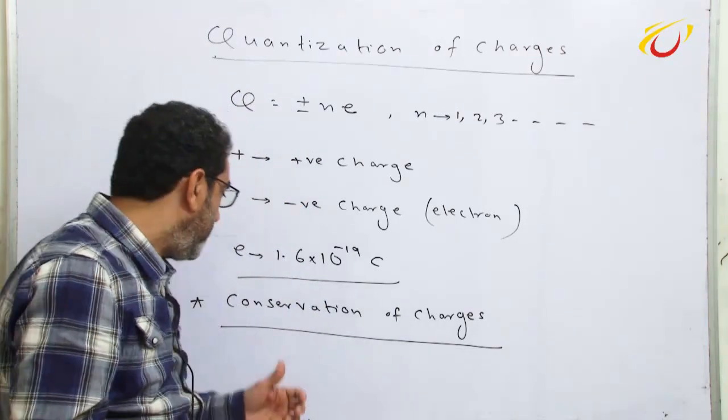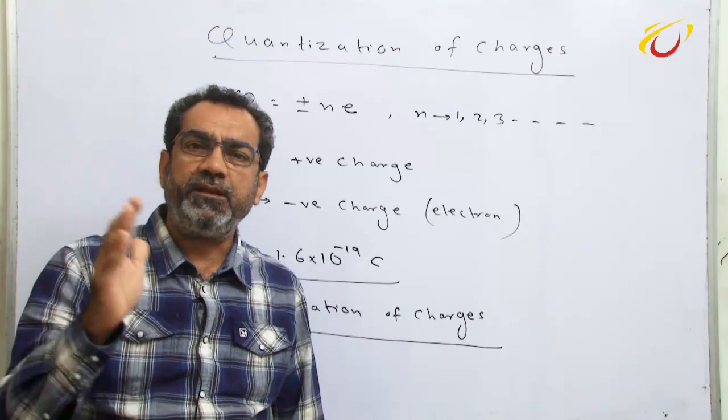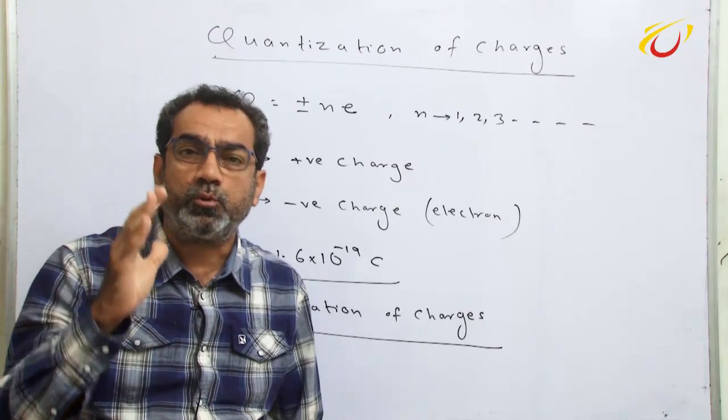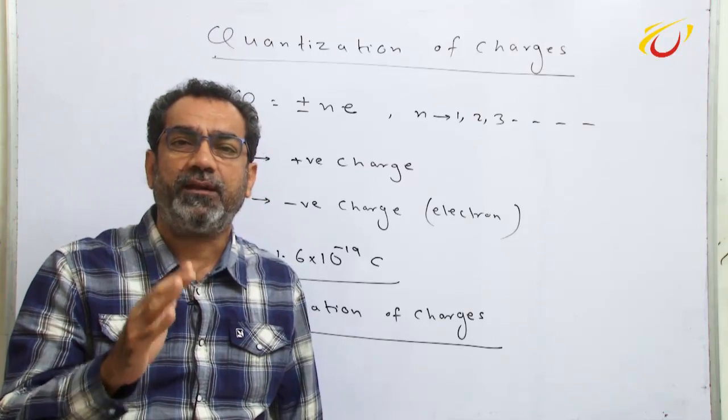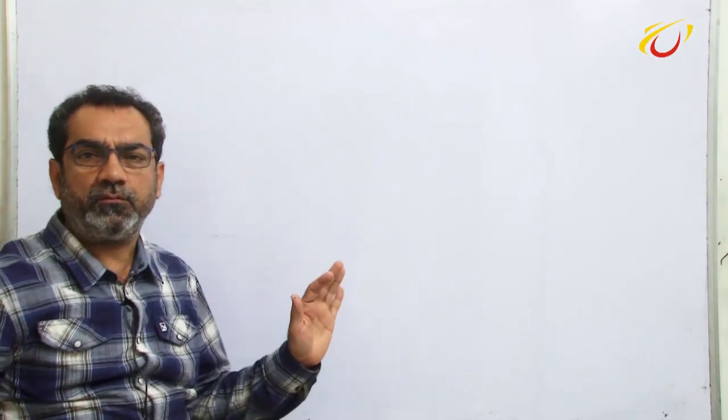I repeat friends, it says that charge cannot be created, cannot be destroyed, but can be created or destroyed pairwise, and the total charge on an isolated body remains constant. Now we'll see electrification of charges.